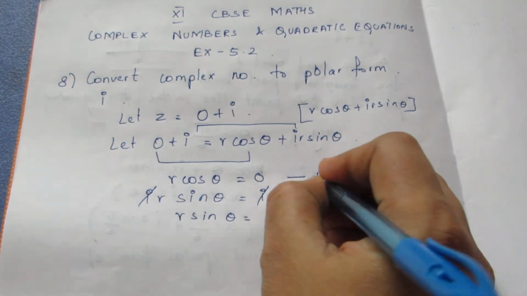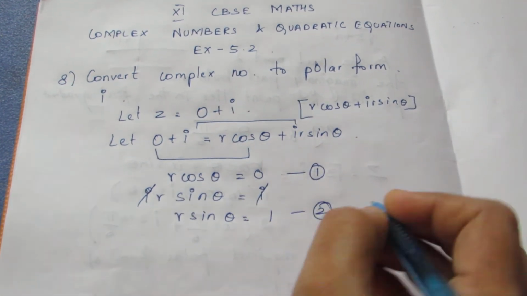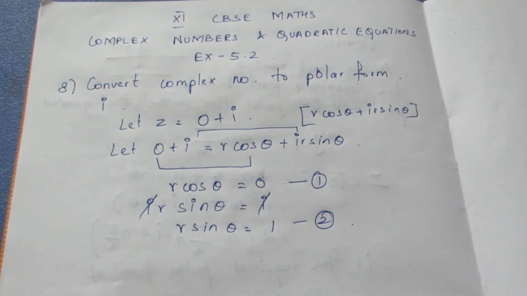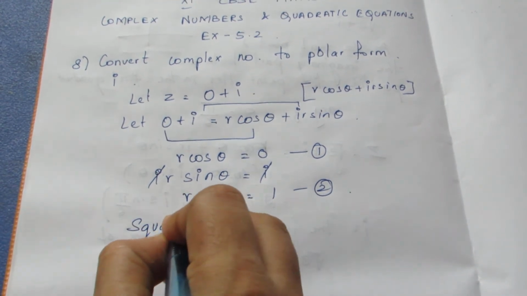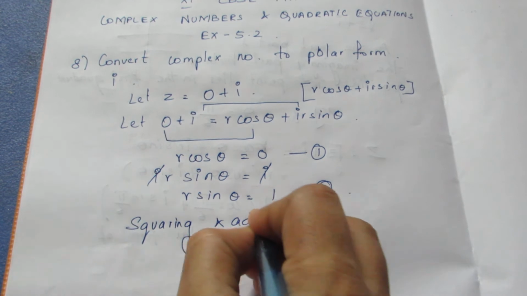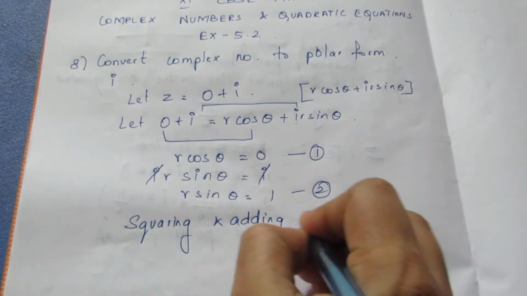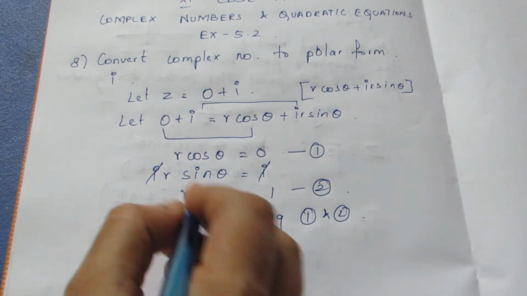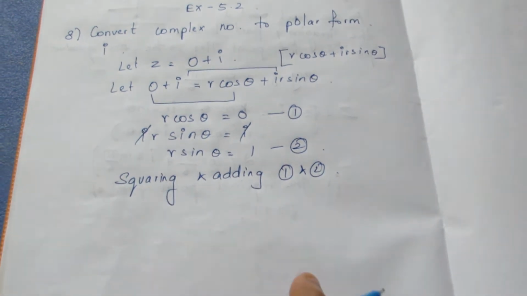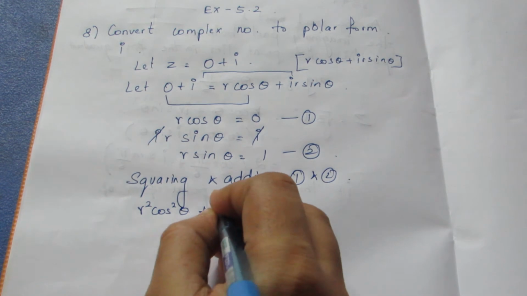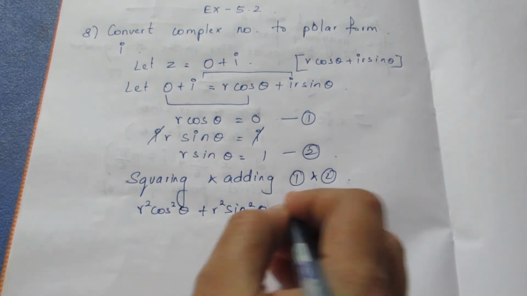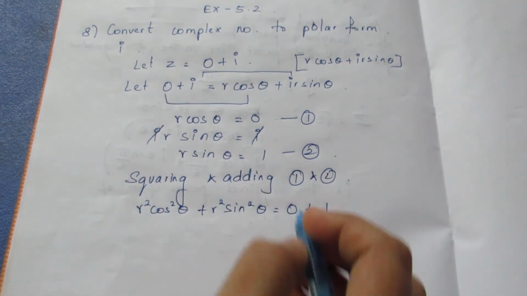Now we are going to take equation 1 and equation 2. We are going to square both the equations and add them. So squaring and adding equation 1 and 2, it becomes r square cos square theta plus r square sin square theta equals 0 plus 1 square, which is 1.